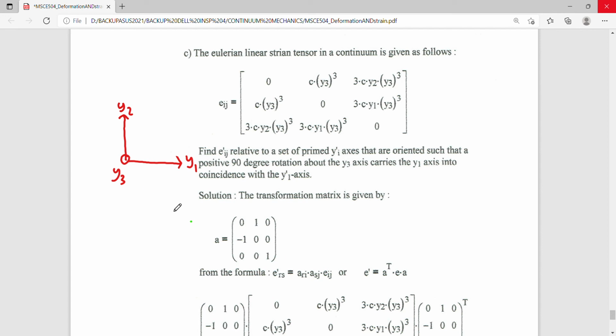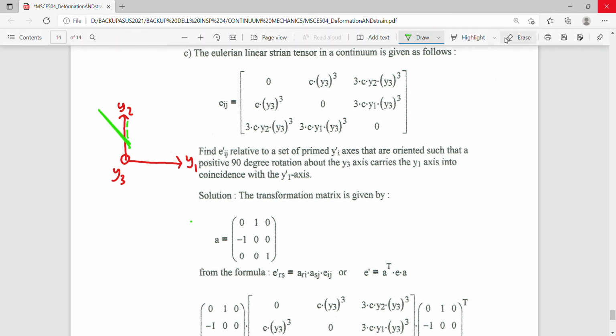So what happens here is you have a 90-degree rotation. If this is y1 and this is y prime 1, 90 degrees, your y2 prime must be here.